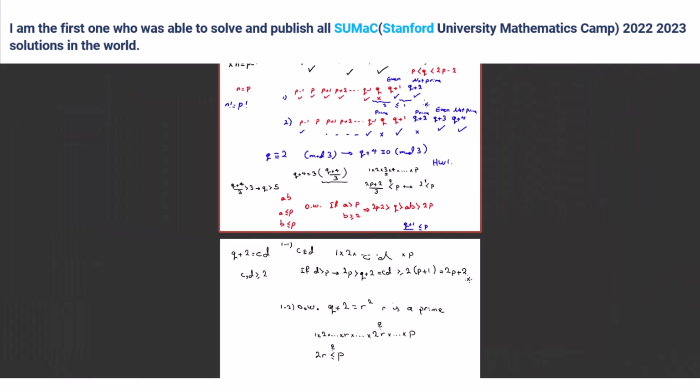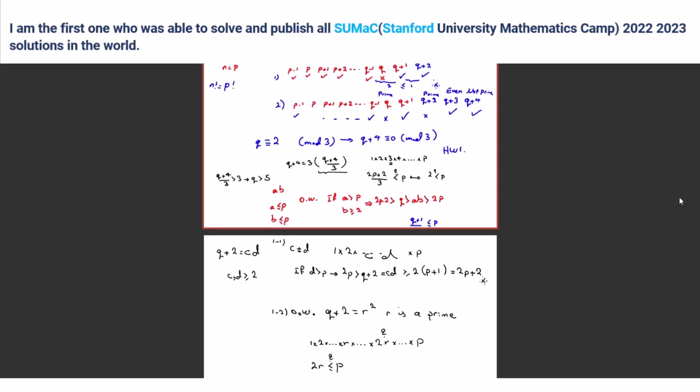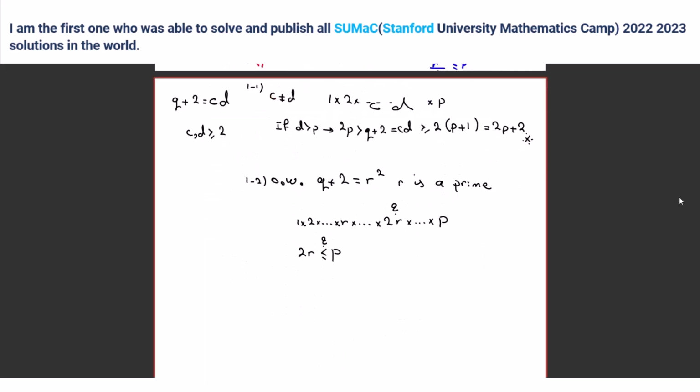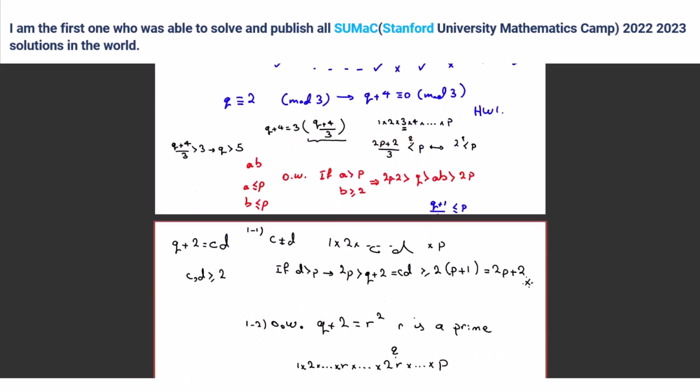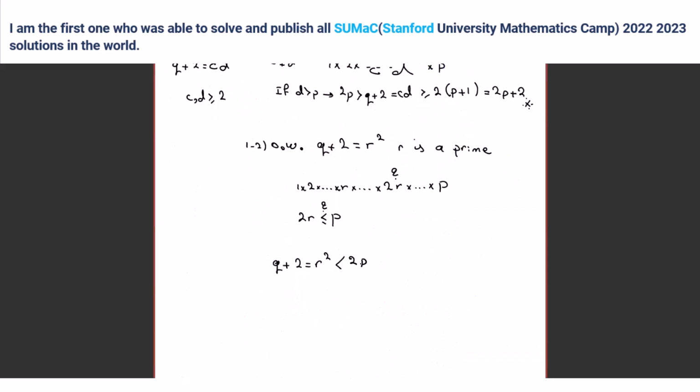Okay, so I got R squared is less than 2P minus 2. So R is less than the square root of 2P minus 2. So 2R is less than 2 times the square root of 2P minus 2. So now I just want to prove that 2 times the square root of 2P minus 2 is less than or equal to P. Okay, so let me write. You said it is R squared, which is less than 2P minus 2, so it is less than 2P.